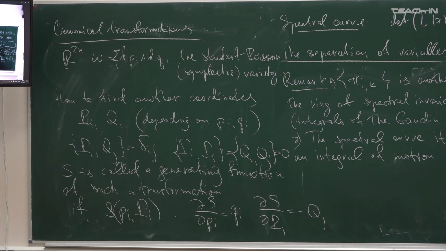Have you heard about this? It is quite a standard method in the Lagrangian approach, in Legendre transformations, but it also has an interpretation as the symplectomorphism or Poisson diffeomorphism.